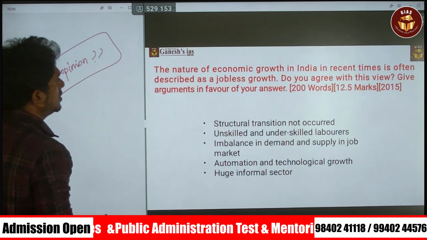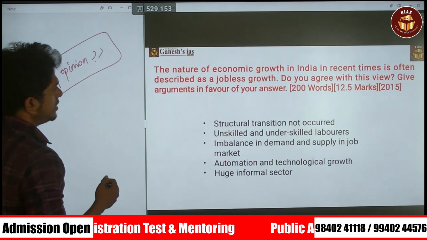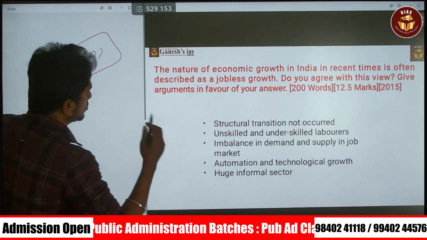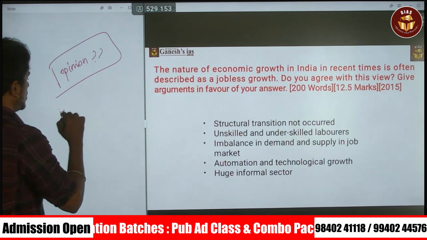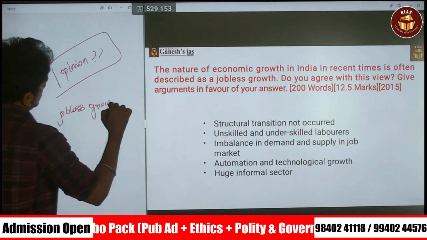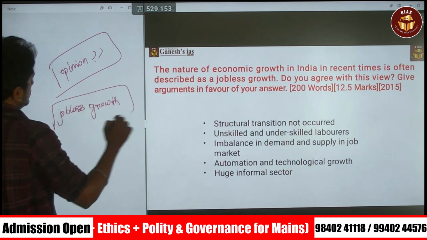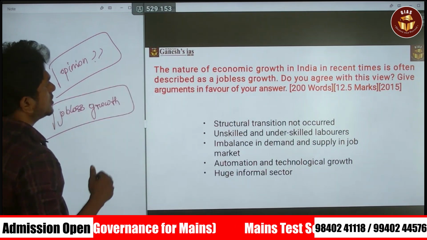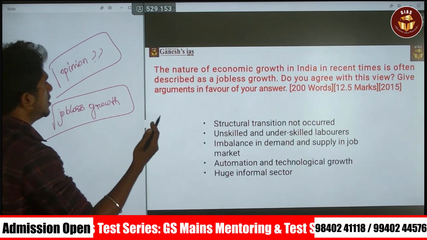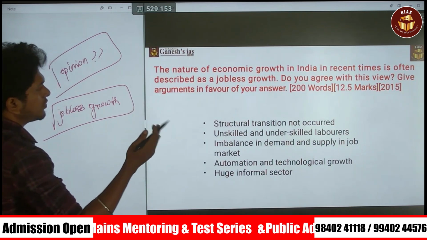First thing, you have to find the keywords. The main keyword of this question is jobless growth. It is a do you agree type question, and it is also asking you to give arguments in favor of your answer.